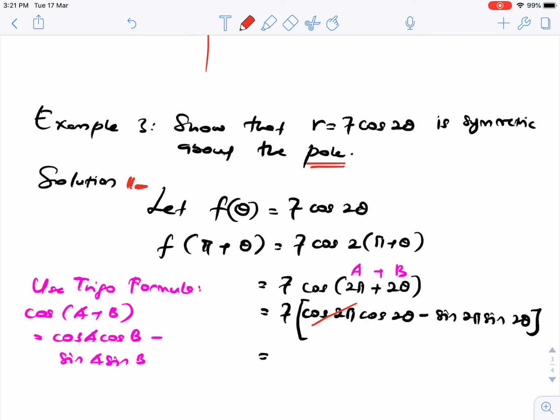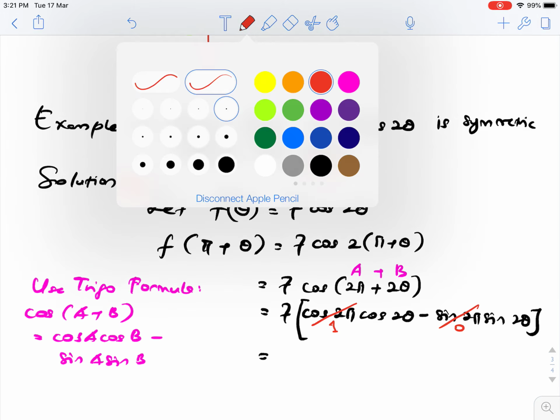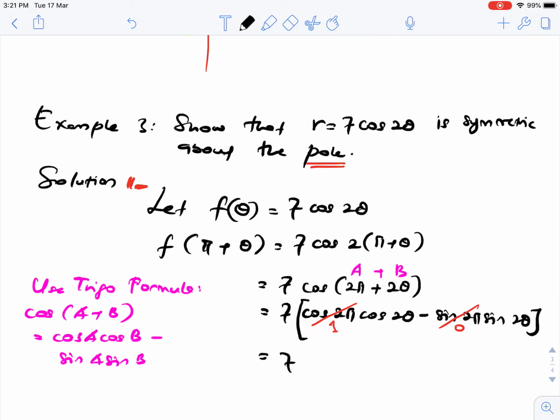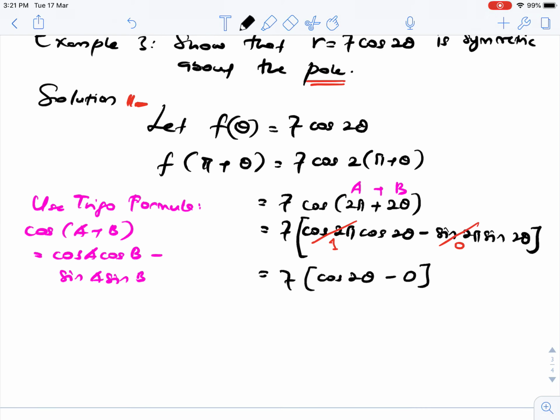Okay, cos 2 pi is actually equal to 1. Sin 2 pi is 0. So we will have 7 cos 2 theta minus 0. So finally we get 7 cos 2 theta. And this is actually f(theta), right?